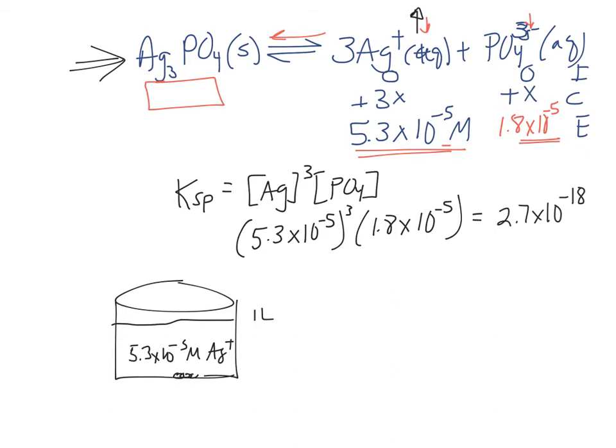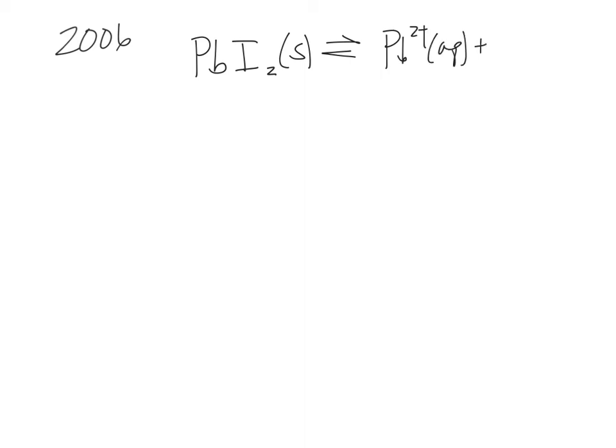We're going to start the 2006 problem. We have a saturated solution of PbI2 solid in distilled water, and the concentration of Pb2+ in the saturated solution is found to be 1.3 times 10 to the minus 3 molar. So we have PbI2 solid in equilibrium with Pb2+ aqueous plus 2I- aqueous.